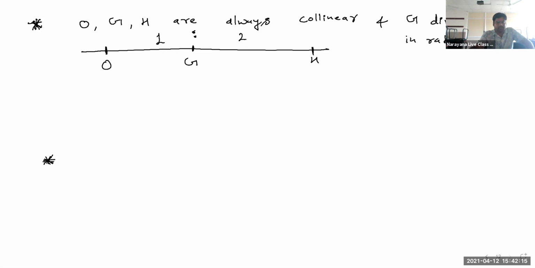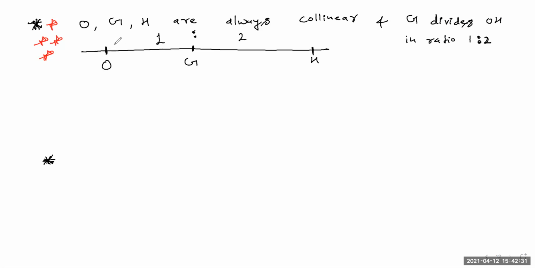This is a very important point. I will take some examples on this point in the next class. So you can make a 5-star over it; this point is extremely important.